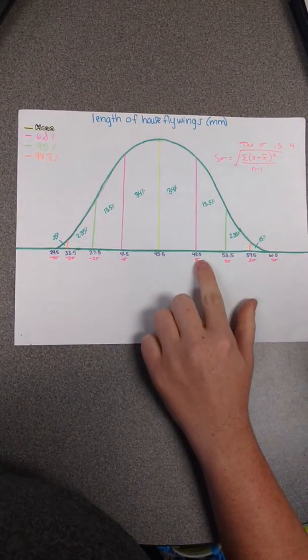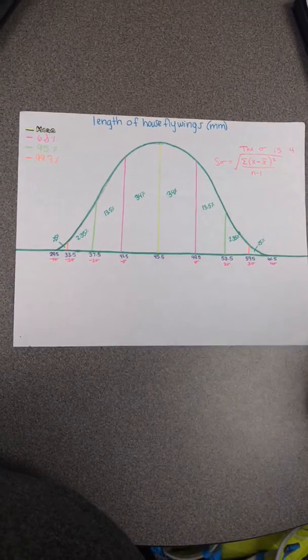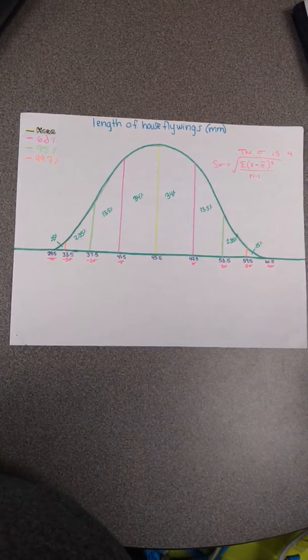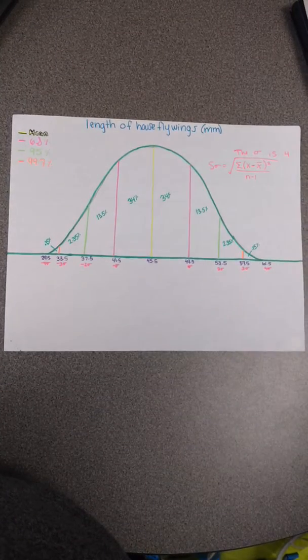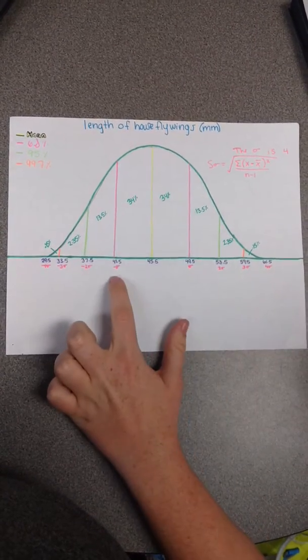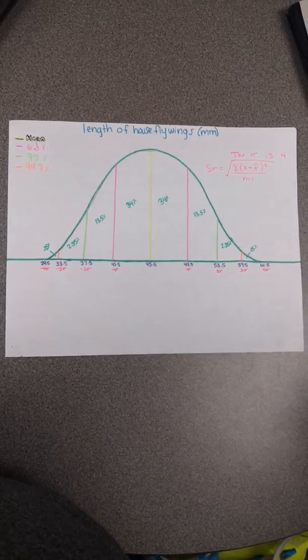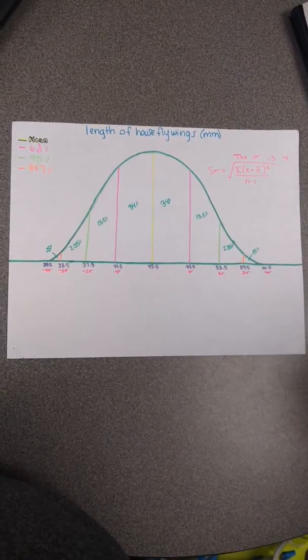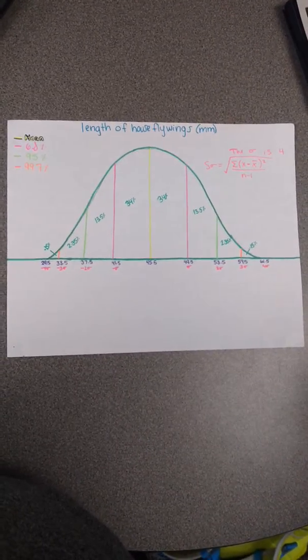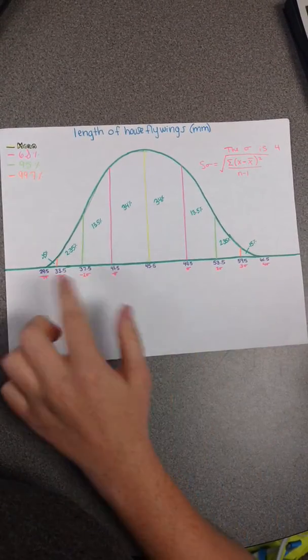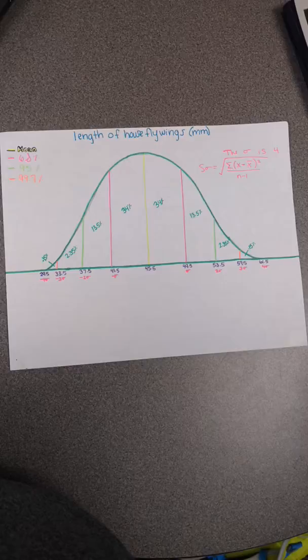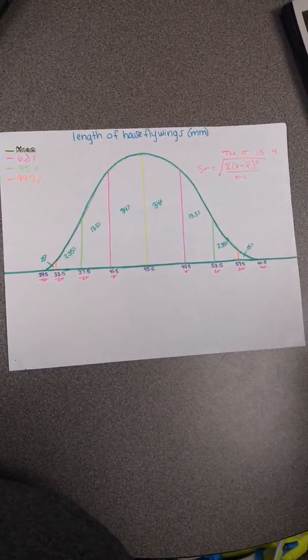So 4 away from 45.5 is 49.5, which would be our first standard deviation, and so on and so on. And then you also go a negative. So negative 4 away from 45.5 is 41.5, which becomes our negative standard deviation. And then you do that on and on until you get about 4 standard deviations away.